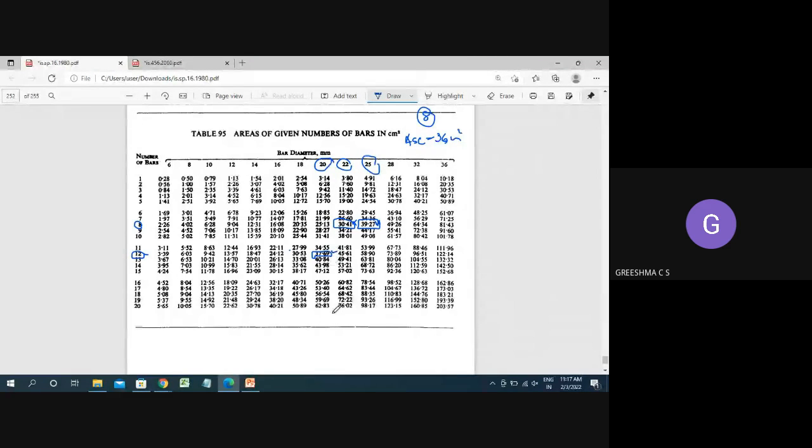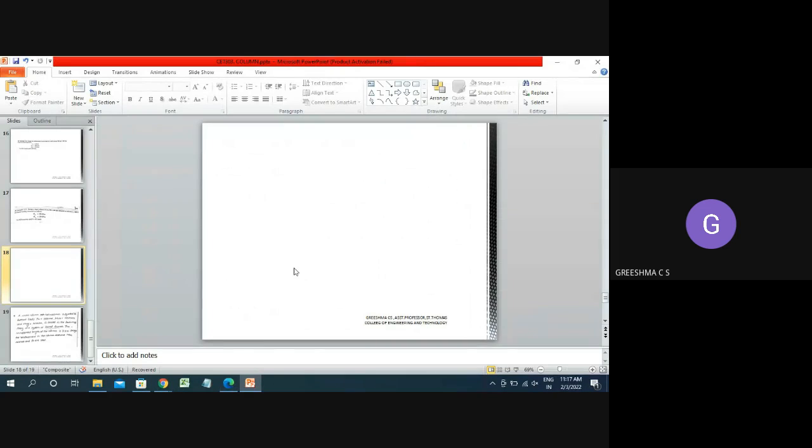Okay, so now from the chart, we can write down the note. From Table 95 of SP16, we have come to a conclusion that you can provide 12 numbers of 20 diameter bars.